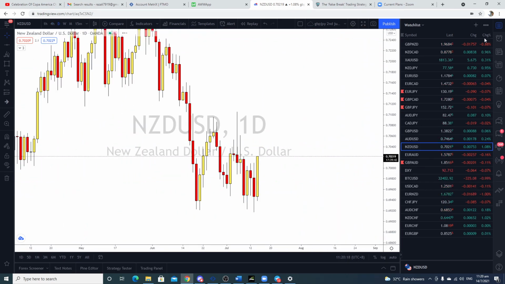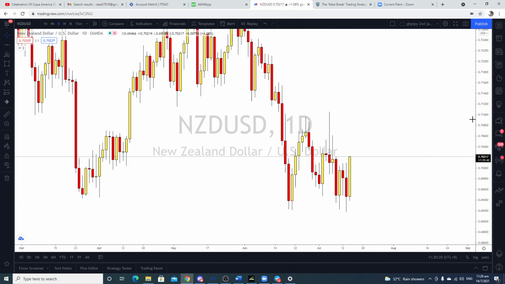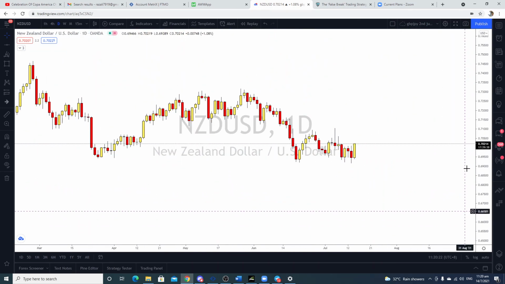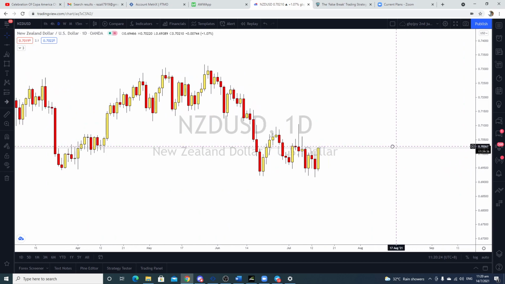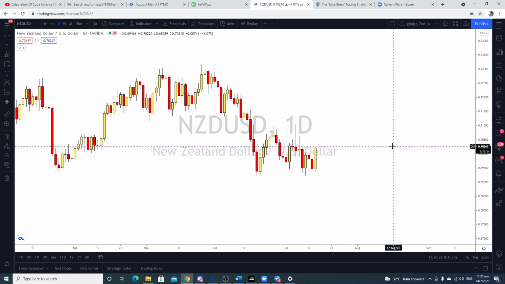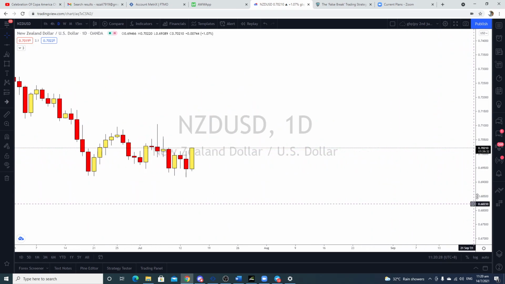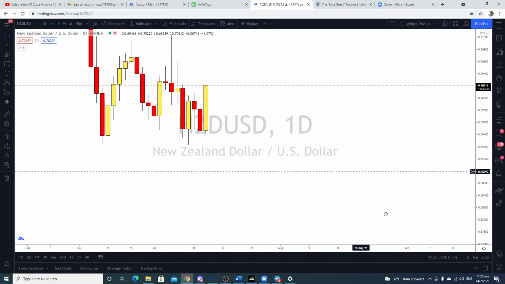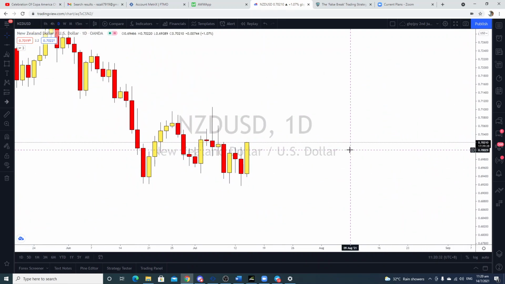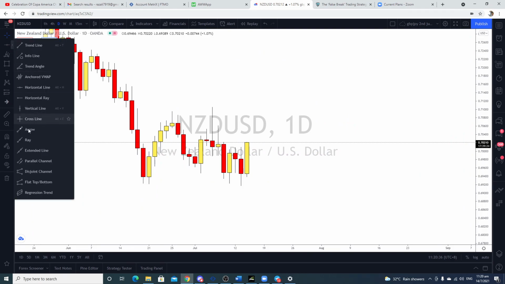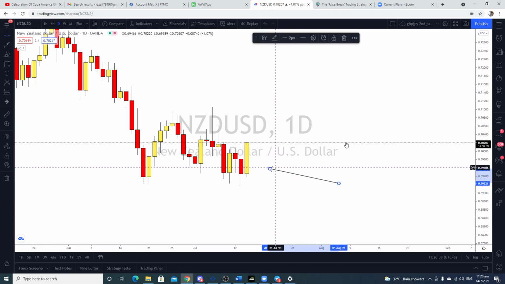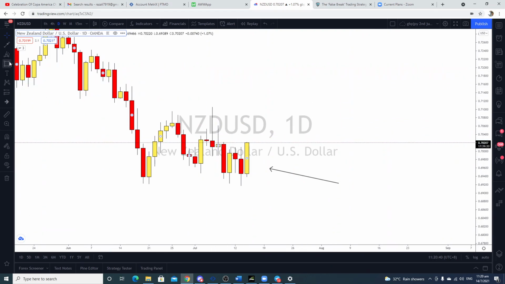So let's just begin with NZDUSD. First of all, let me tell you guys, the only information that I take as to how I arrive at the conclusion for this buy is only this one.